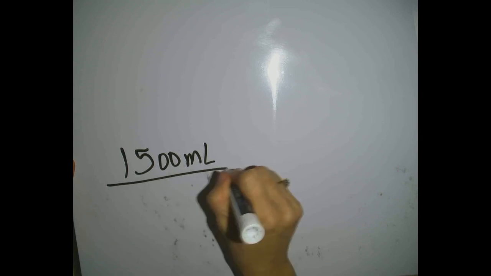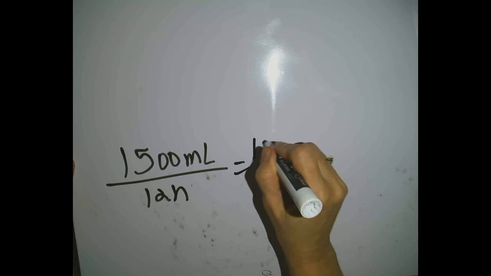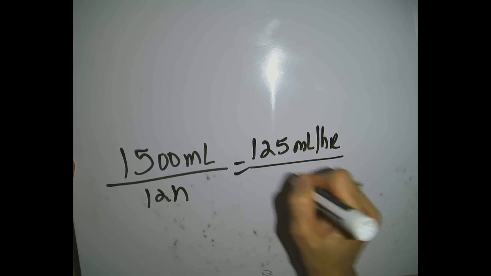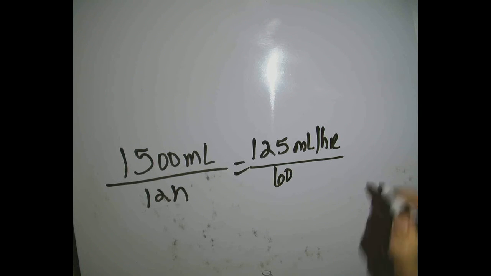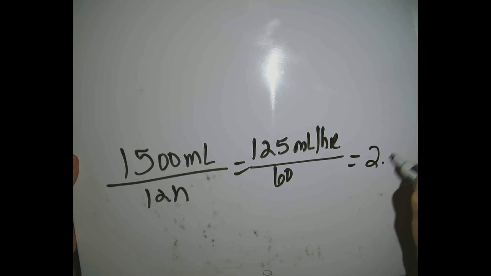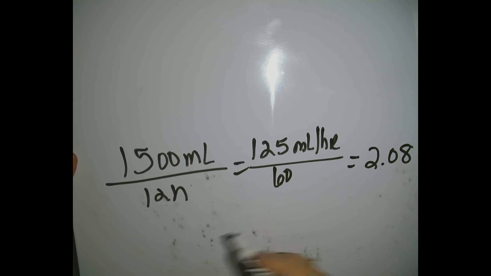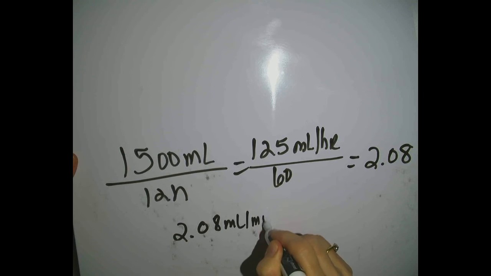Our next example was infusing 1,500 milliliters over 12 hours. And again, we came up with 125 milliliters per hour, divided by our 60 minutes. We came up with that same 2.08 milliliters per minute.